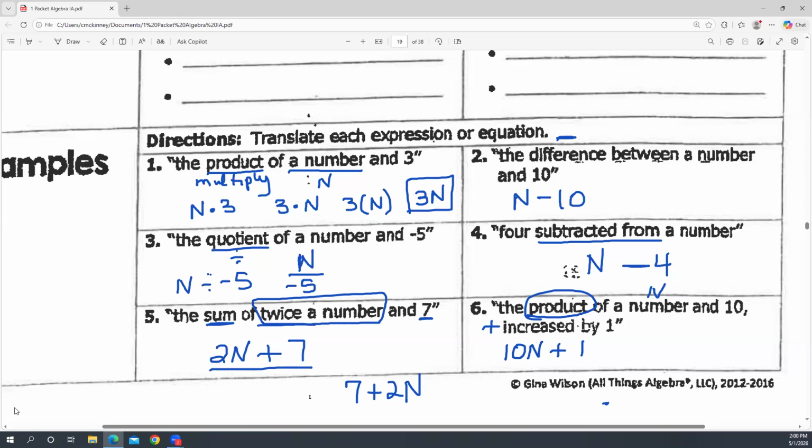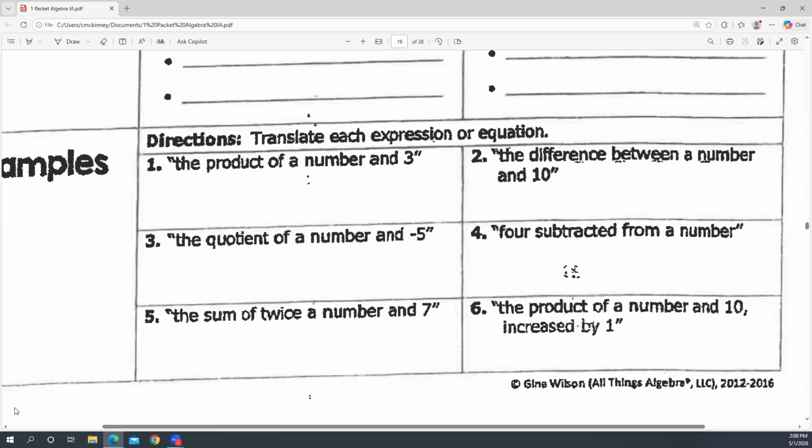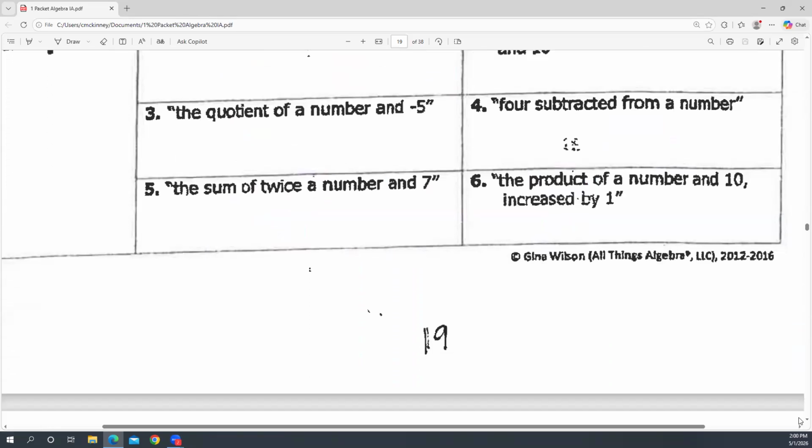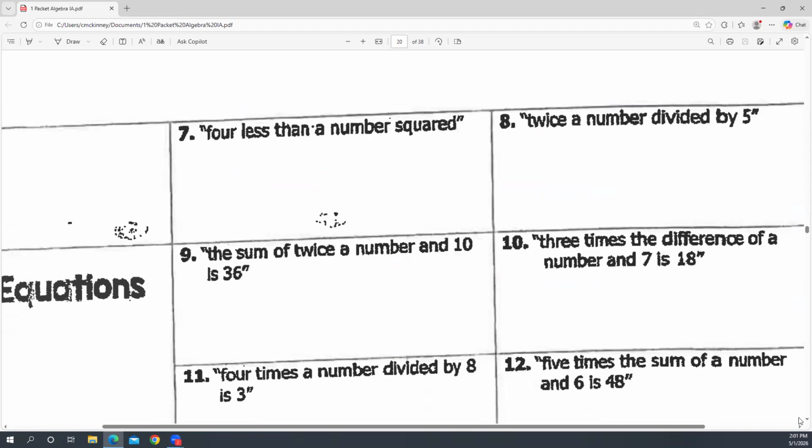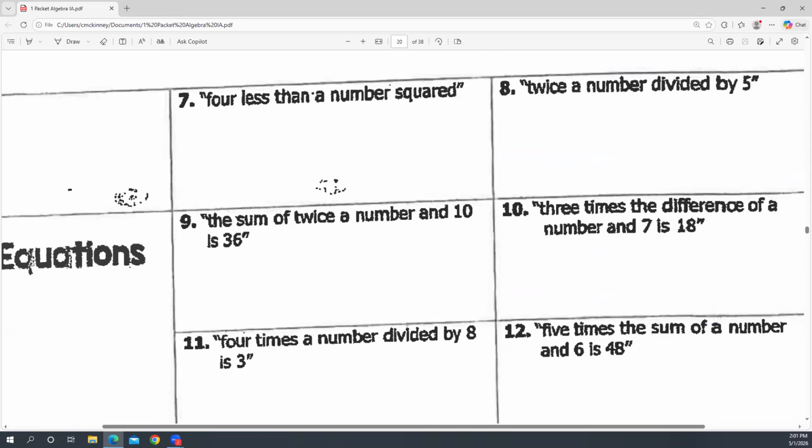Okay, let's see here. Head on to the back of the page. So 4 less than, okay, now less than is a turnaround phrase.